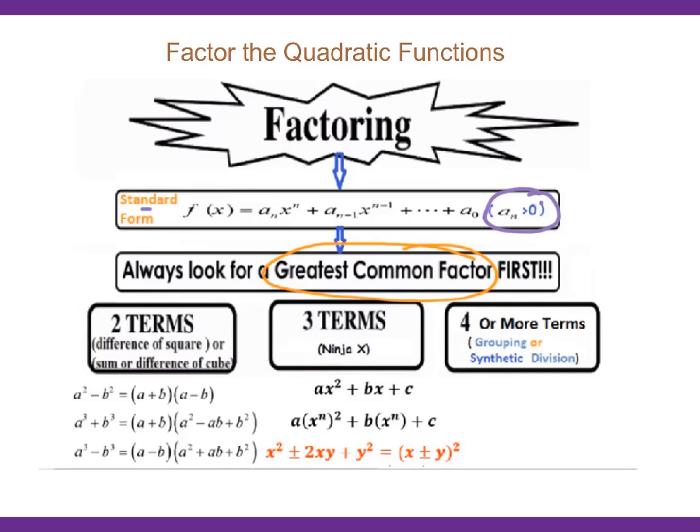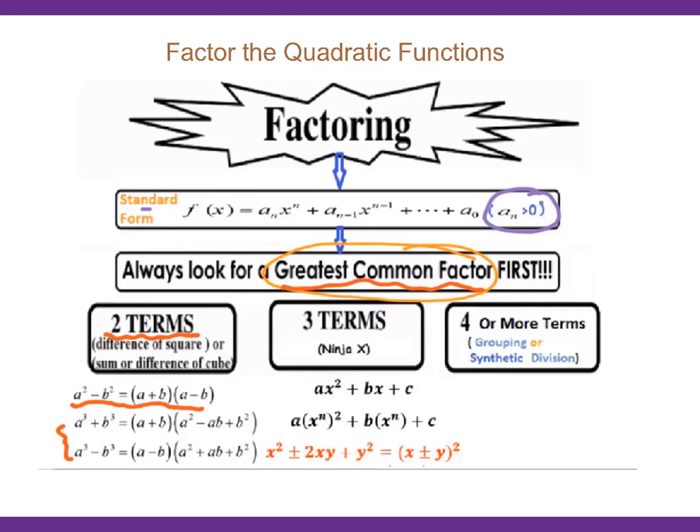Then always look for the greatest common factor first, GCF first. After you find the GCF, check how many terms are in the polynomial. If you have only 2 terms, you do the difference of squares factoring, or cubic factoring for these 2.